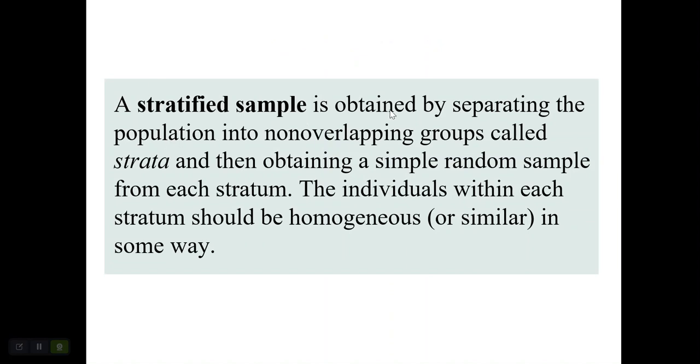Stratify is by separating the population into non-overlapping groups called strata first, and then you use the simple random sample for each one. So basically, if I want to choose 2 male, 2 female, I will separate the group into male group and female group first before I do the simple random method.